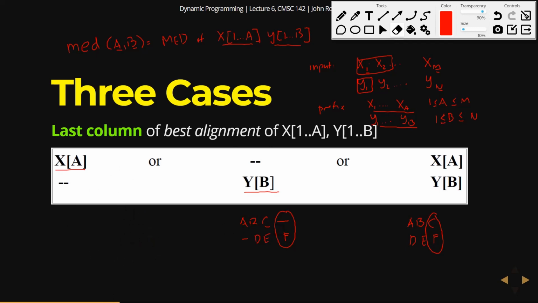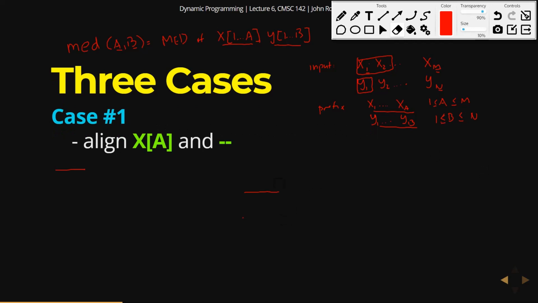Okay, so we will have to look at each one. So in the first case, wherein we aligned XA with a blank.